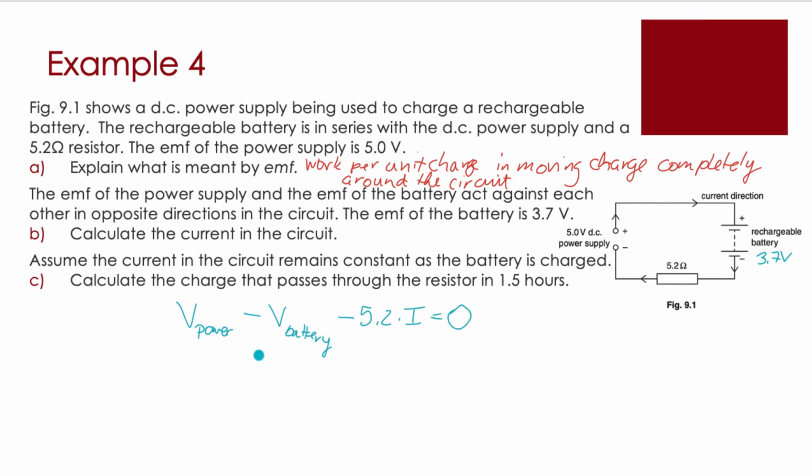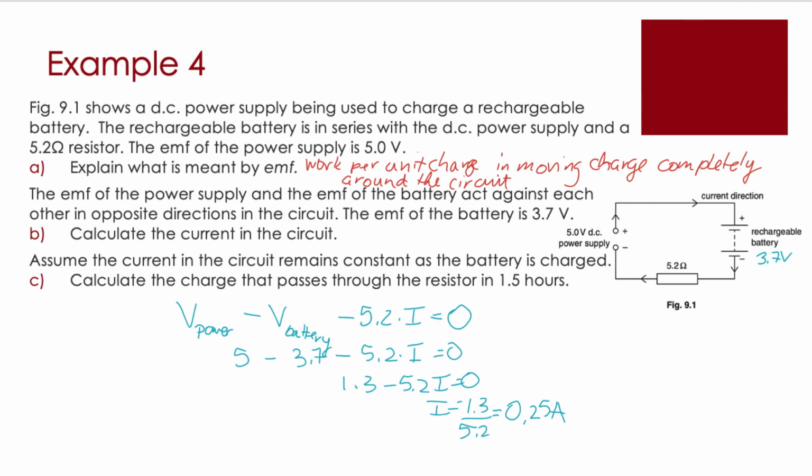Let's put in the values we know. This is going to be 5 minus 3.7 minus 5.2 times I, which is what we're looking for. 1.3 minus 5.2 times I equals 0, and I will then be 0.25 amps. It now says we can assume that the current in the circuit remains constant as it's being charged.